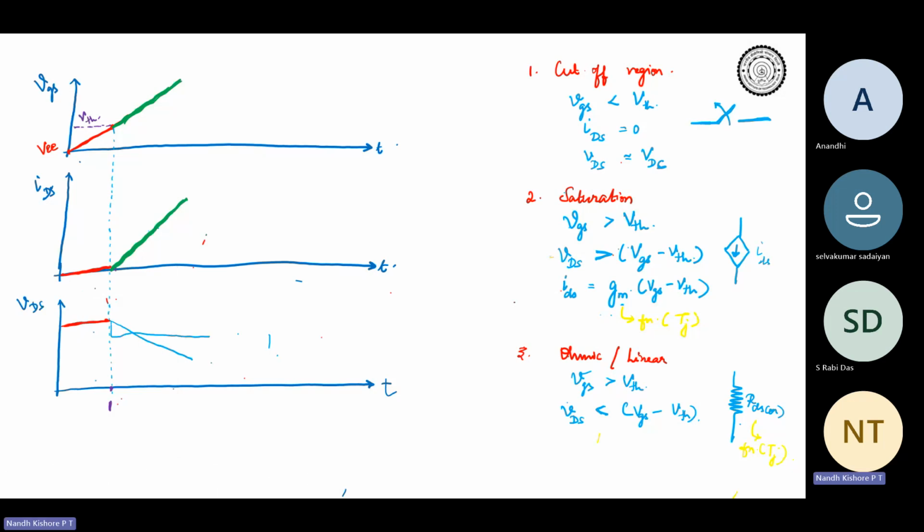How would it be? Linearly decrease, I think. So why would it linearly decrease? Why should it linearly decrease?